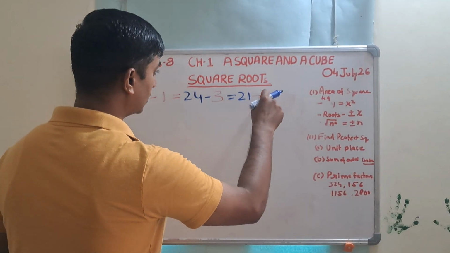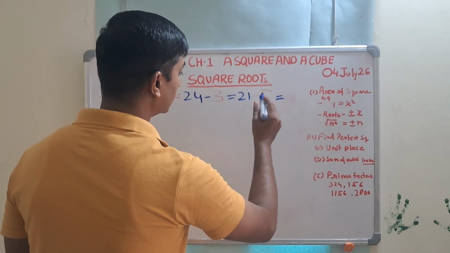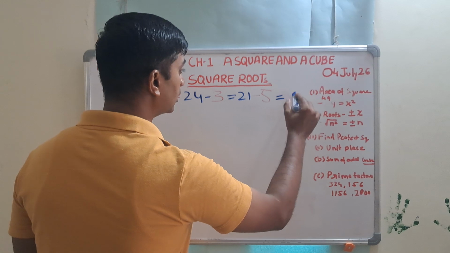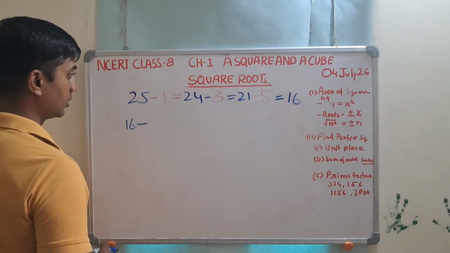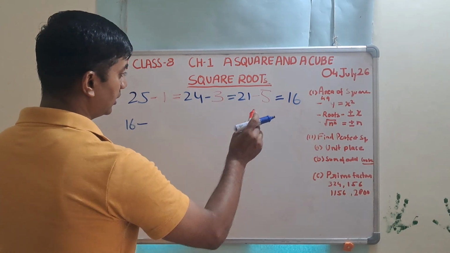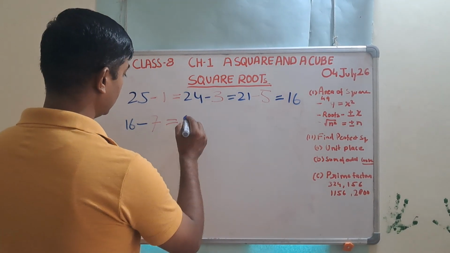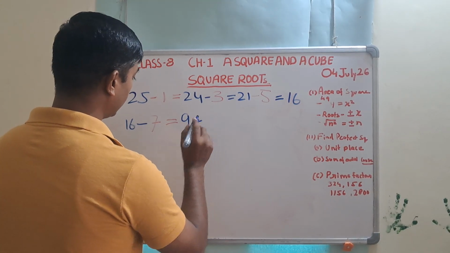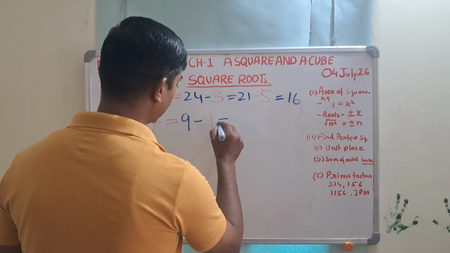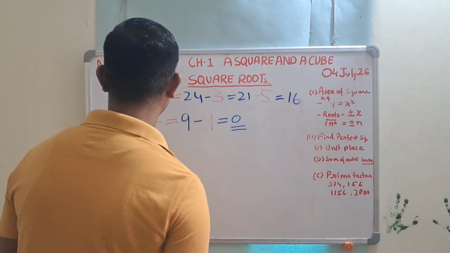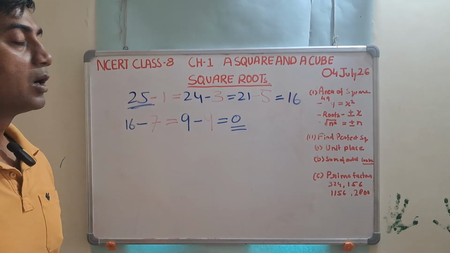Then minus 5, we get 16. Then 16 minus the next odd number, 7, we get 9. Then minus 9 we get 0. It means 25 is a perfect square.